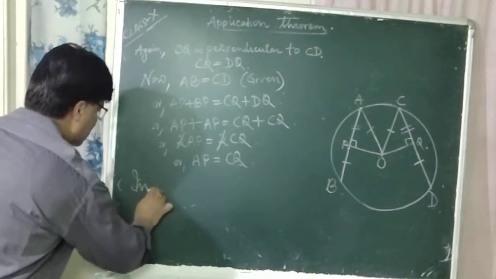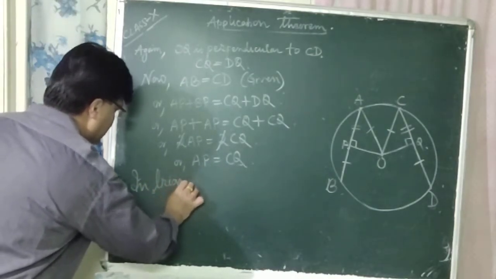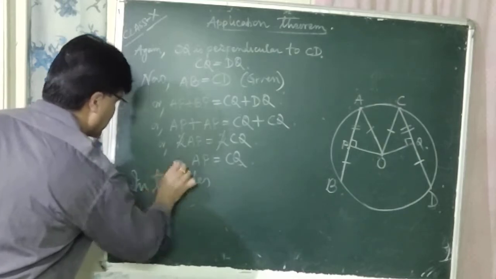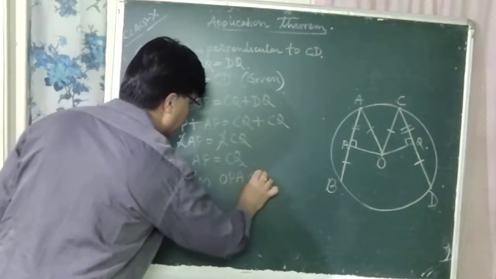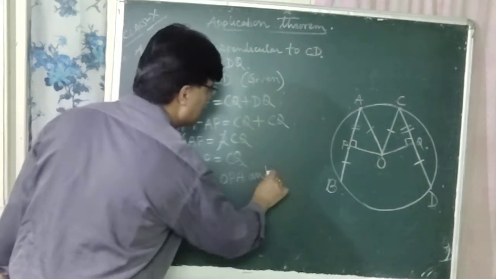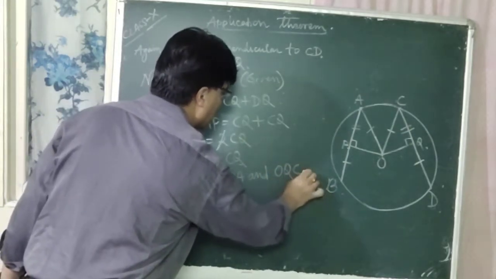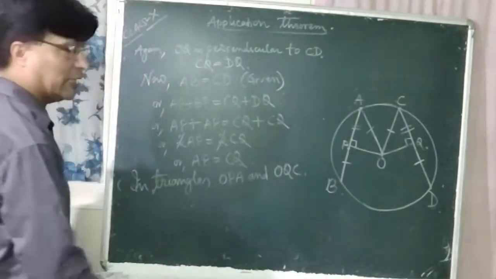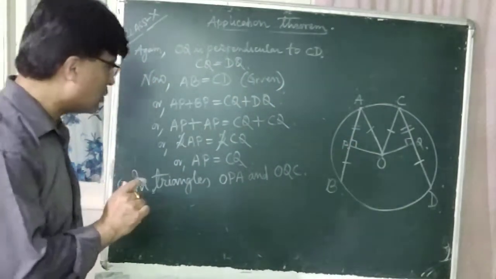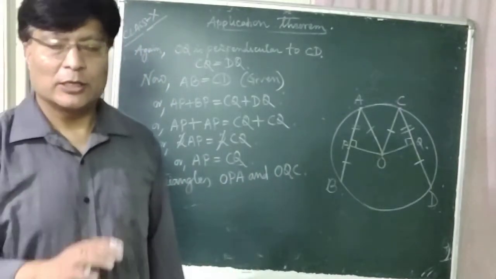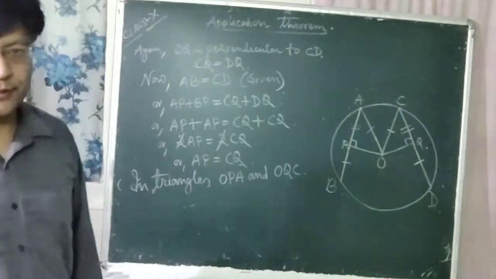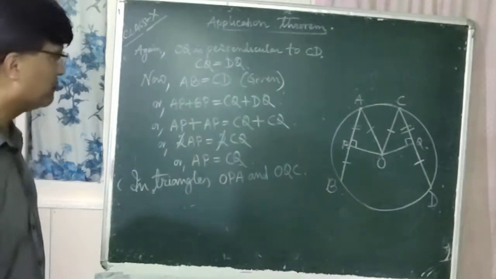So in triangles OPA and OQC, right? In order to prove that these two triangles are congruent, you have to give 3 reasons. I told you already, isn't it?